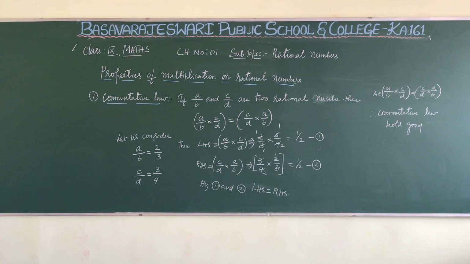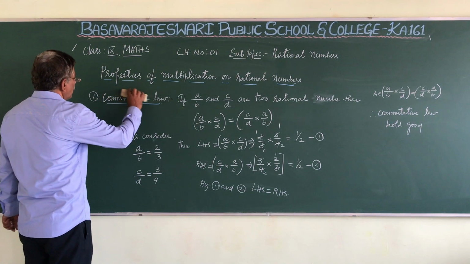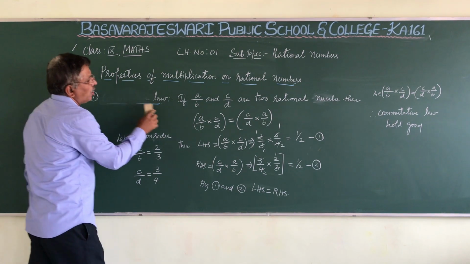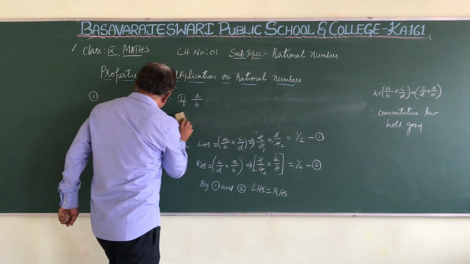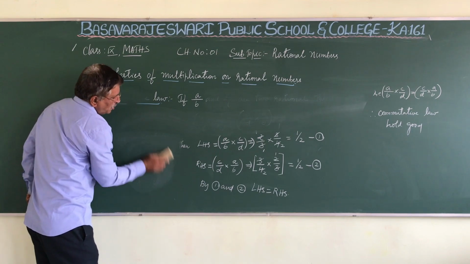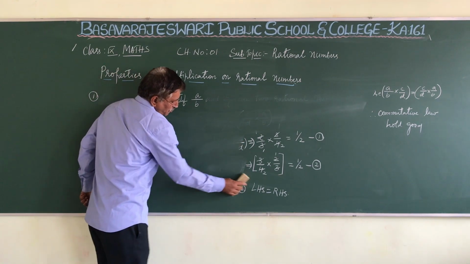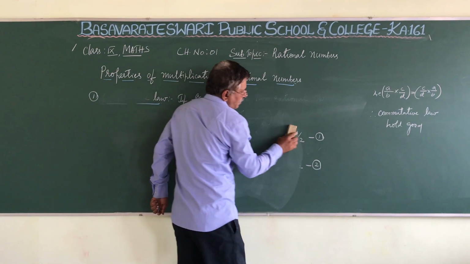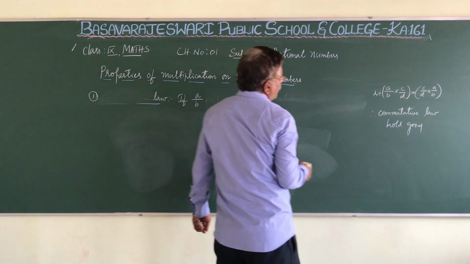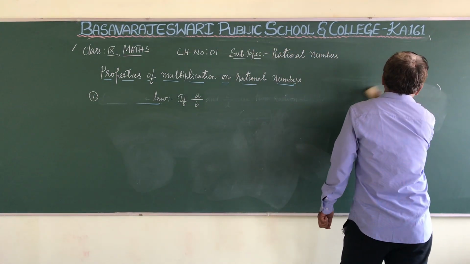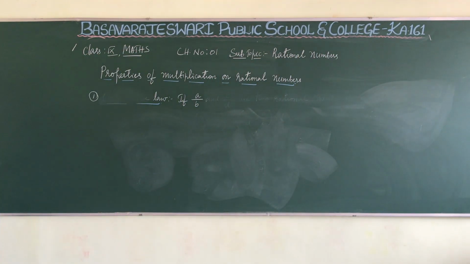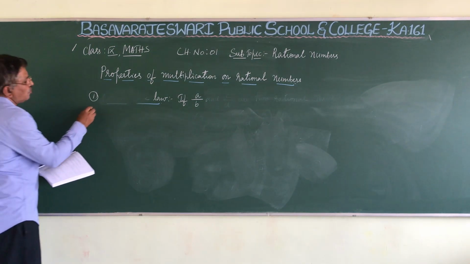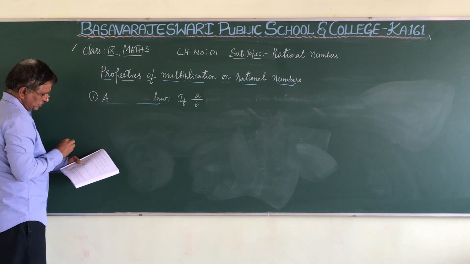Next, after this, we have the associative law. As I already told you, associate means what? We need to group any two rational numbers.